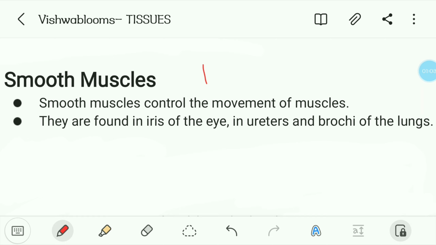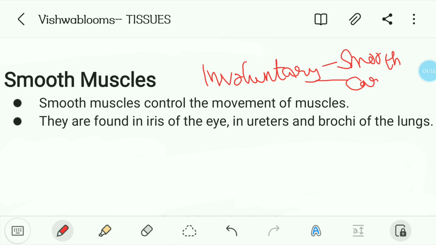Now under involuntary, as I have already told, we have two: smooth muscle cells and cardiac. First we will see the smooth muscle cells. Smooth muscles also control the muscles.